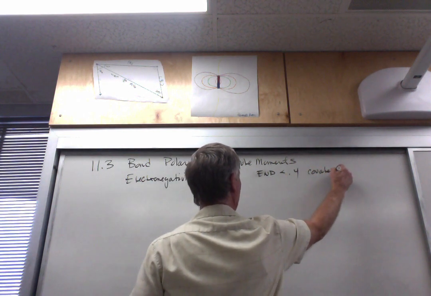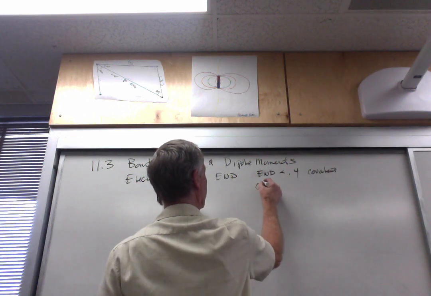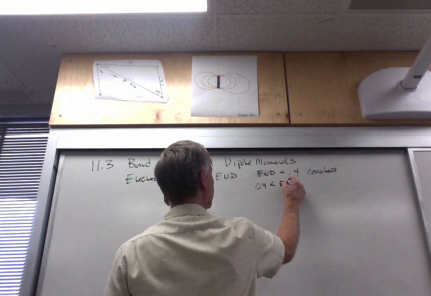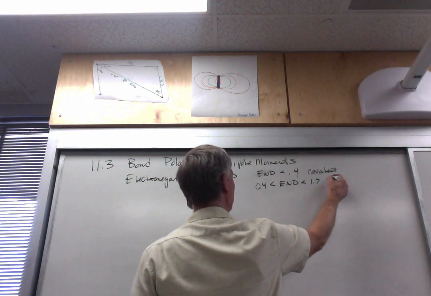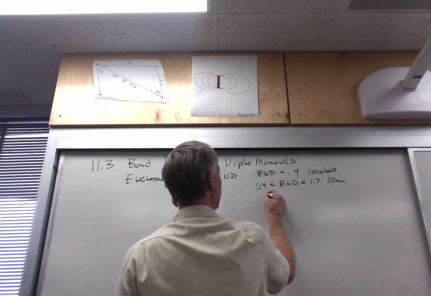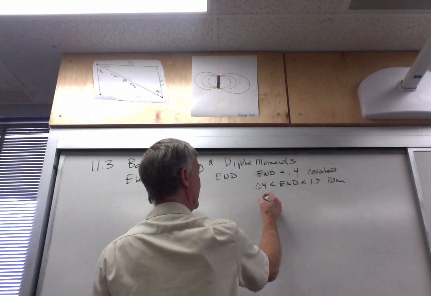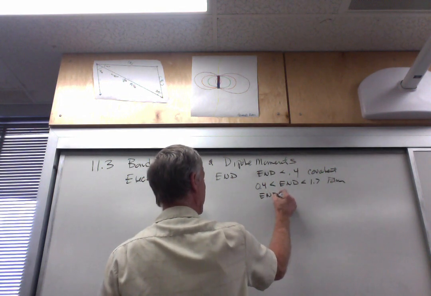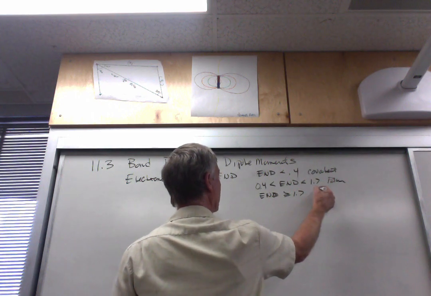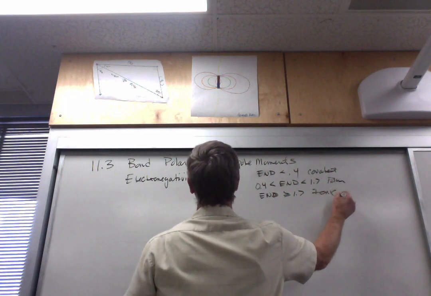I will often say nonpolar covalent if we're between 0.4 and 1.7. That's polar covalent. And if we are greater than or equal to 1.7, this is called ionic.